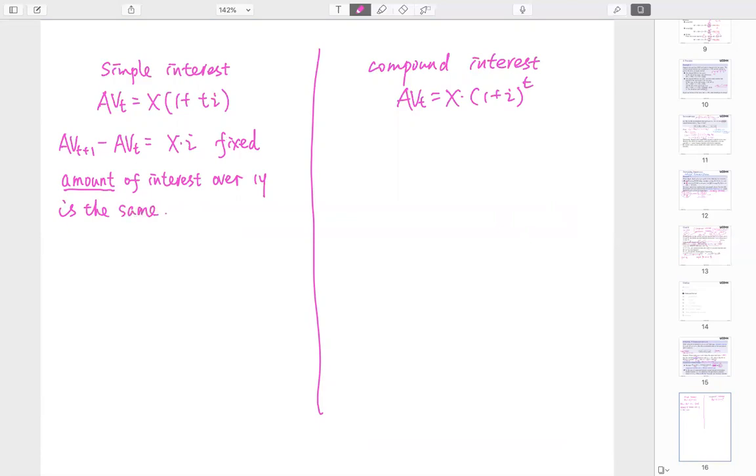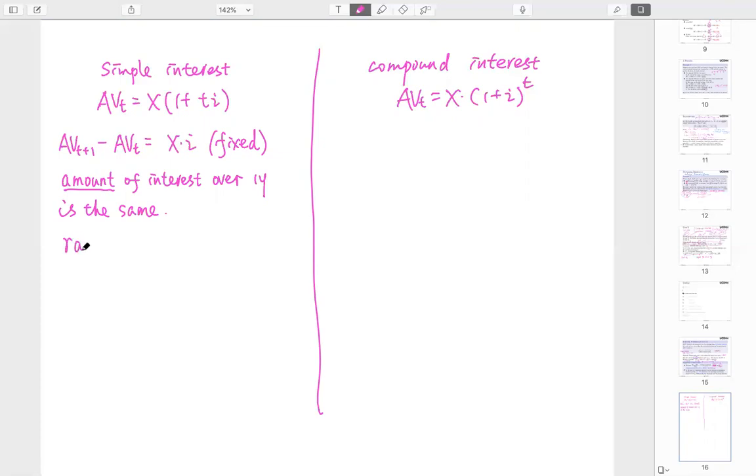Okay, it doesn't matter when you start. Here the starting point is t, and the amount is x times I, which is fixed. So it doesn't matter when you start, when you end, as long as the time span is 1 year, we know the amount of interest must be the principal times the interest rate. So that is fixed, okay?